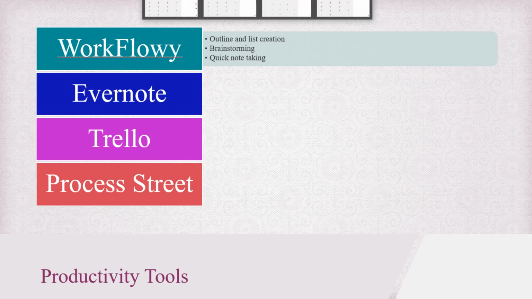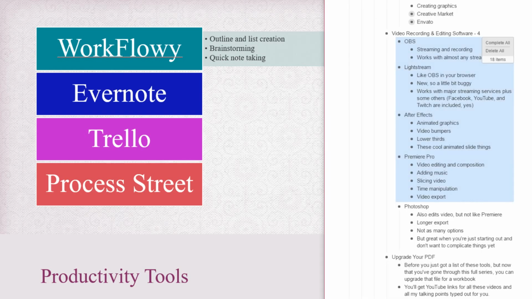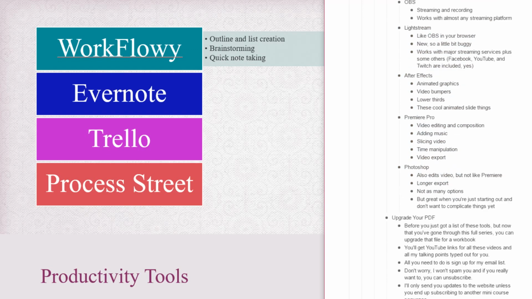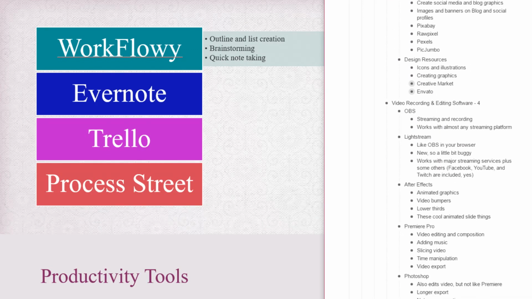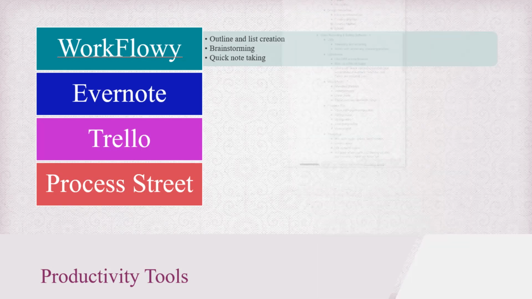So let's talk about Workflowy first. This is an outline and list creation program, which if I click on it, maybe you can see over here, I've got the outline for this presentation. So I use it for brainstorming and quick note taking.